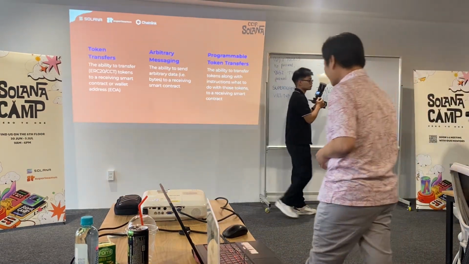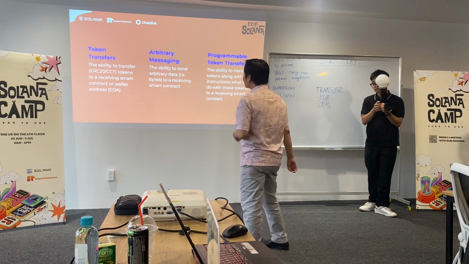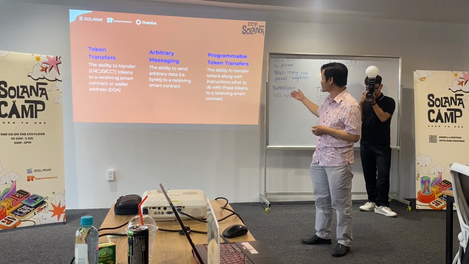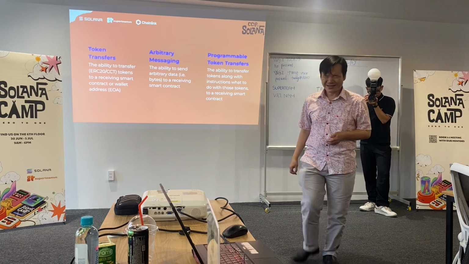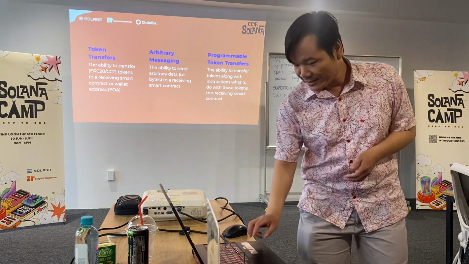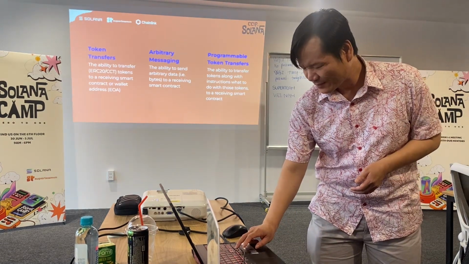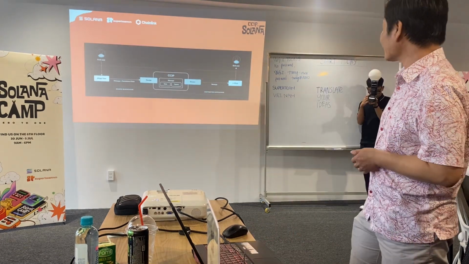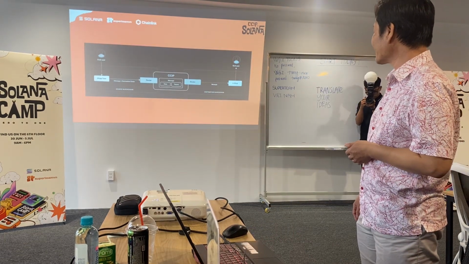I will say it is about faster token transfer, application messaging, and programmable token transfer. Those are the main services of Chainlink. Here is the diagram of Chainlink CCIP.